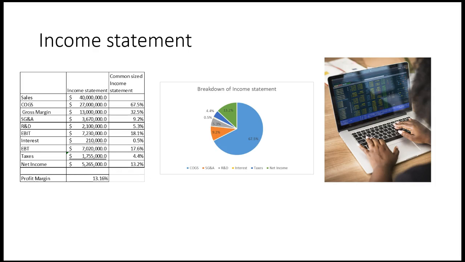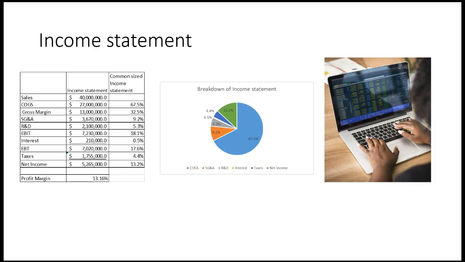The other thing, as you have learned in the prior modules, is that common sizing can help. One thing to do is to get a feel for where my big cost drivers are. So in this example, cost of goods sold is 67.5%, which is mathematically $27 million divided by $40 million of sales.